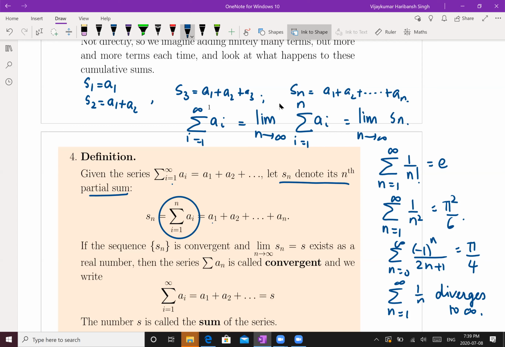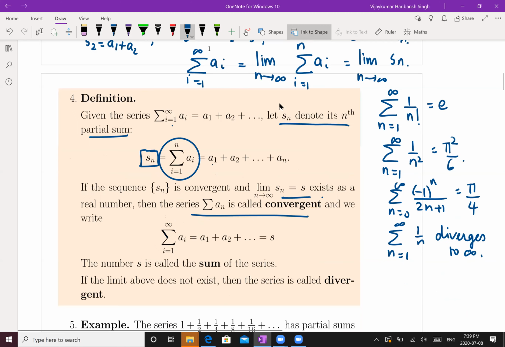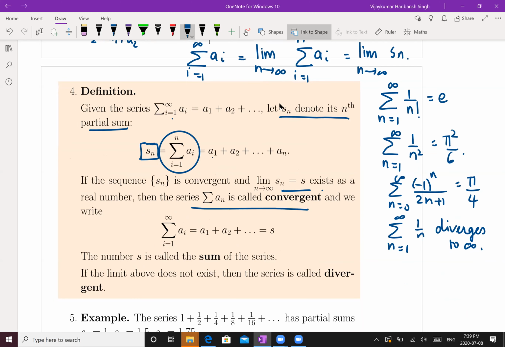Now if this sequence converges, which we have an idea about from the previous lecture, and if the sequence converges to S, then we say that the series is also convergent, and we write summation i going from 1 to infinity of ai, which is a1 plus a2 dot dot dot, equals S. This number S is called the sum of the series.